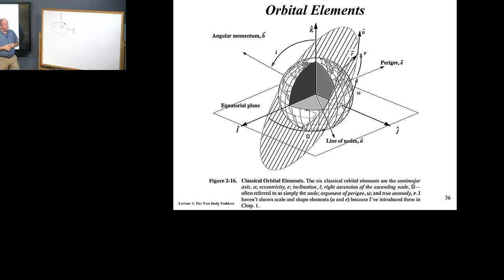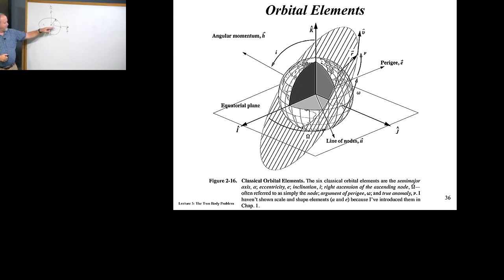So it turns out that we can very easily express the position and velocity in this PQW frame. So we can write down, and I'll show you this in a second, R in the PQW frame and V in the PQW frame.